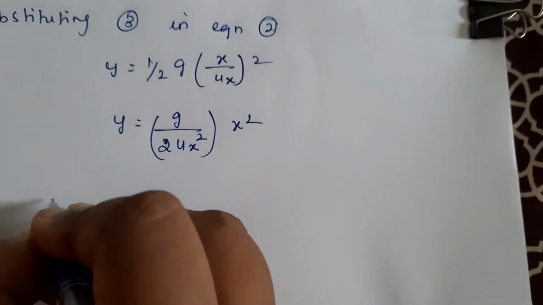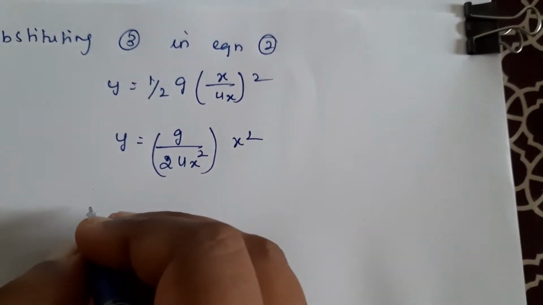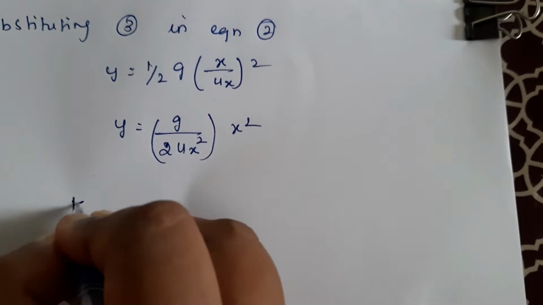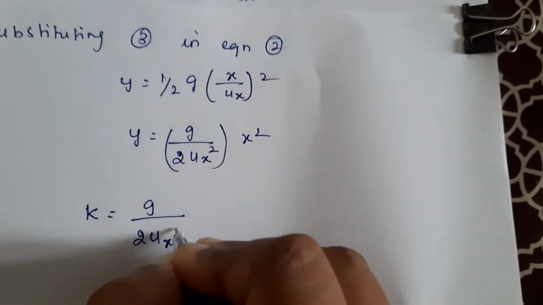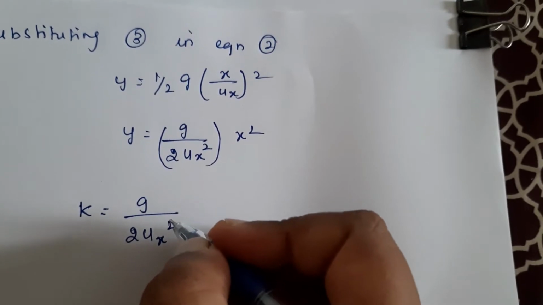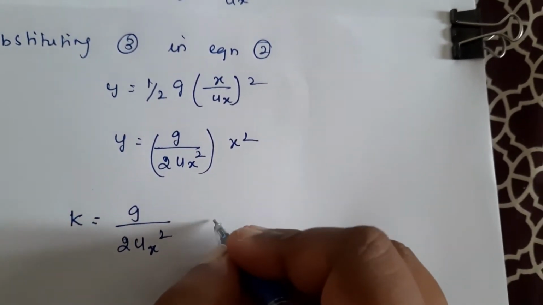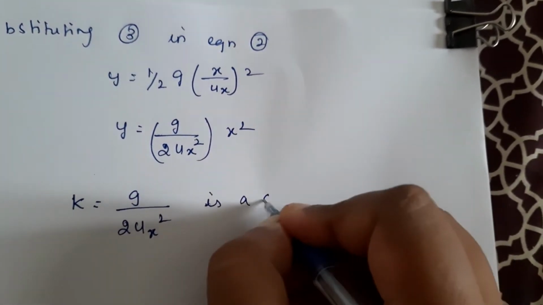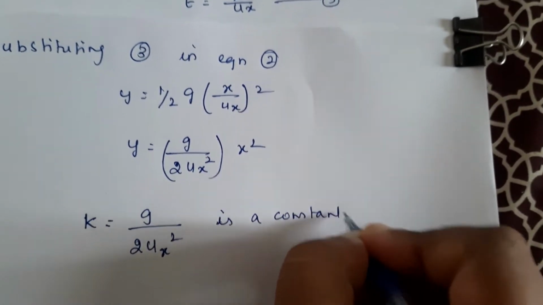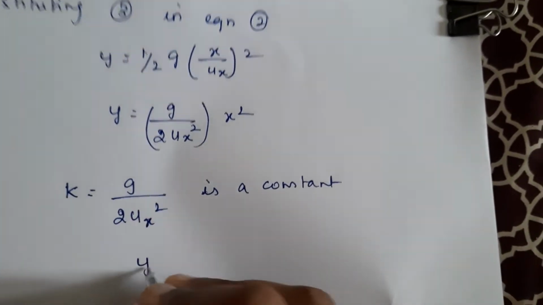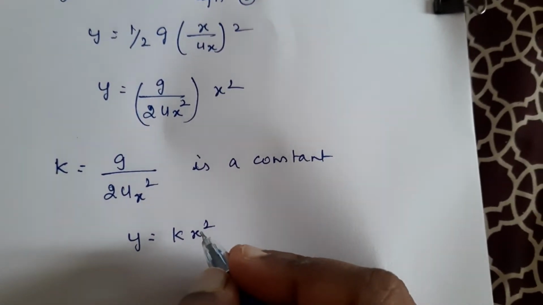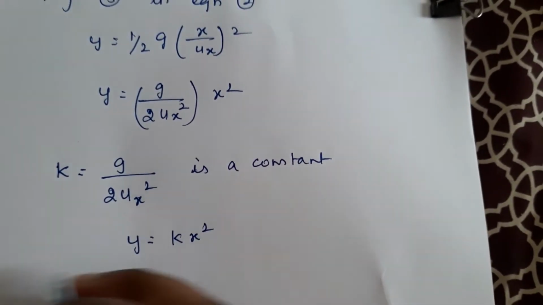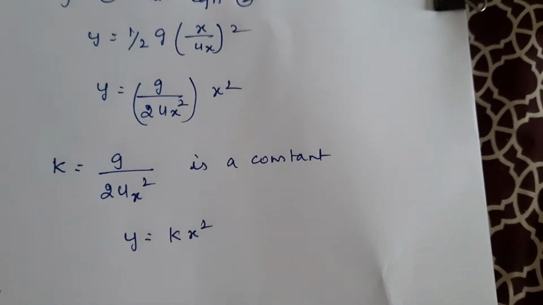Now I am going to take g by 2 ux square as k. So k is equal to g by 2 ux square. Now this is a constant. So I can write y is equal to k into x square. Now this is an equation of a parabola.